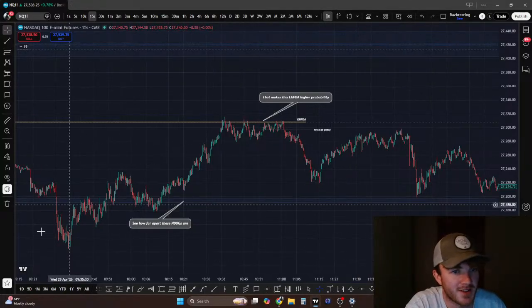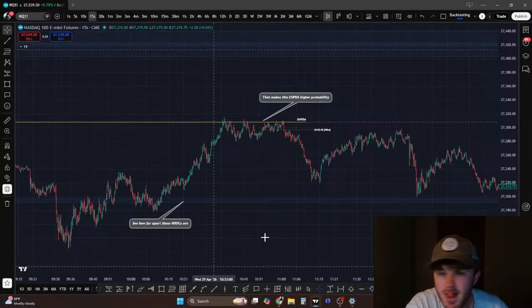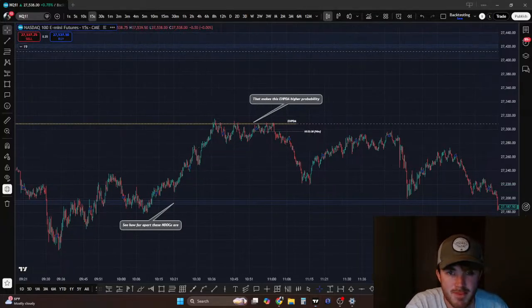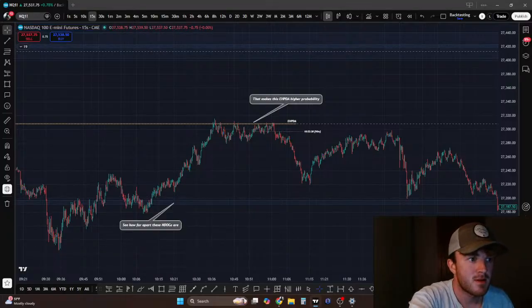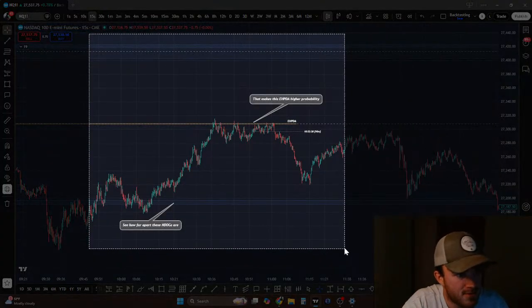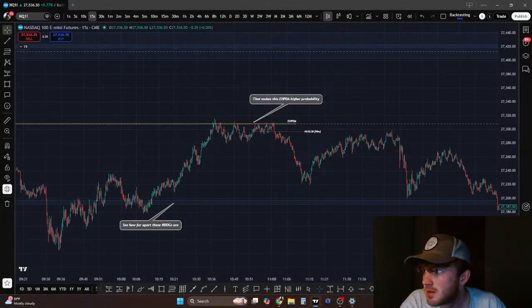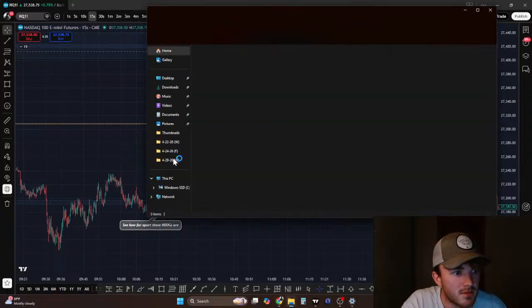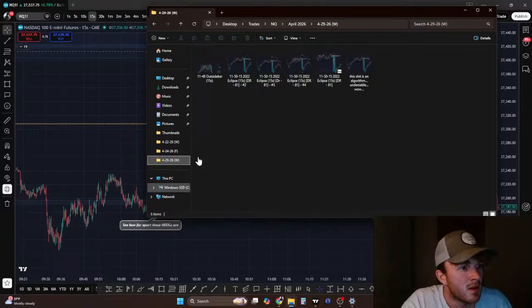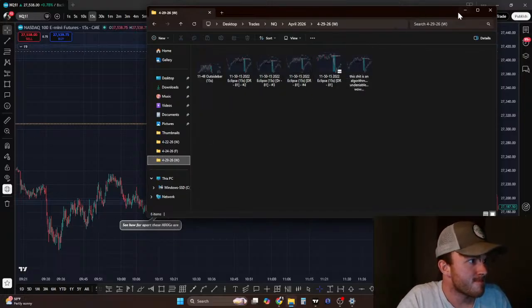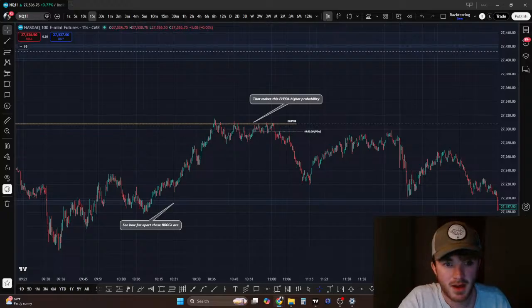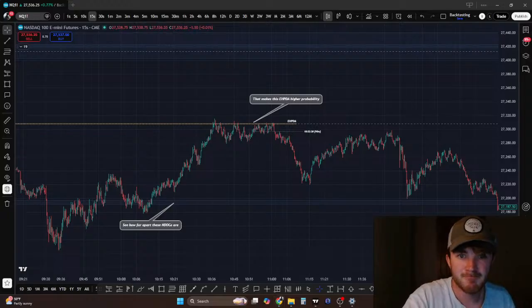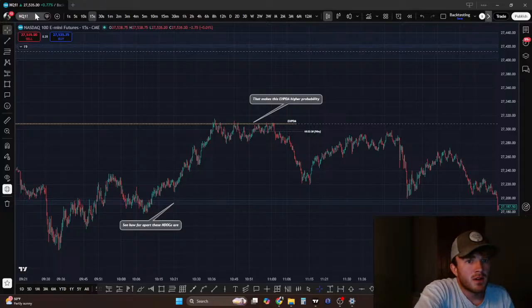Oh wait, I forgot to include the other end dog. It's kind of important. Oh yeah, why isn't it letting me save this? Oh, because I have to do it like this.